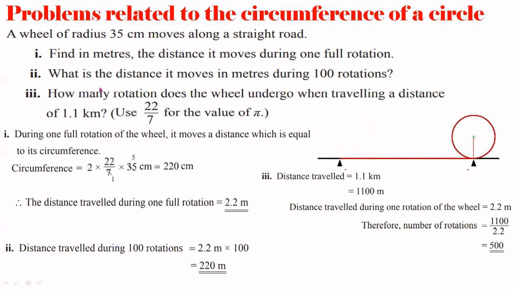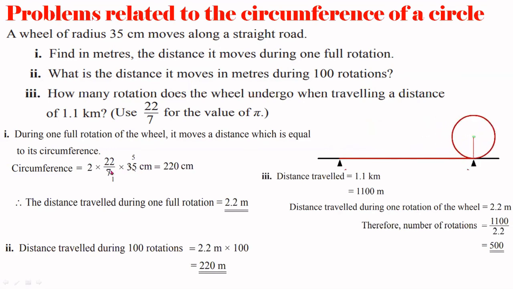So part 1: find in meters the distance it moves during one full rotation. That means you have to find the circumference. So let's get the circumference. C equals 2 pi r. So 2 into 22 over 7 into r. The radius is 35 centimeters here, so put 35 here.